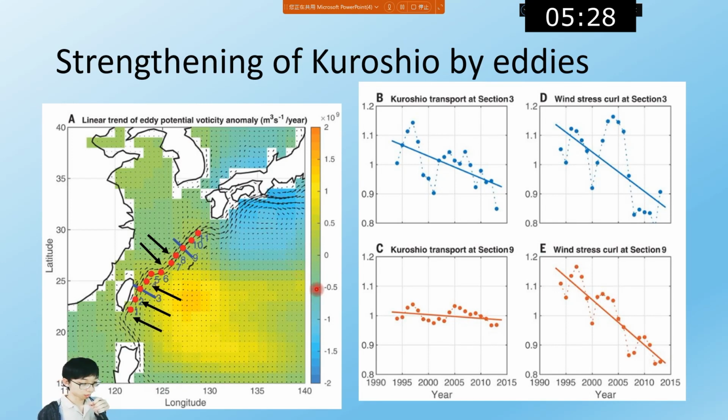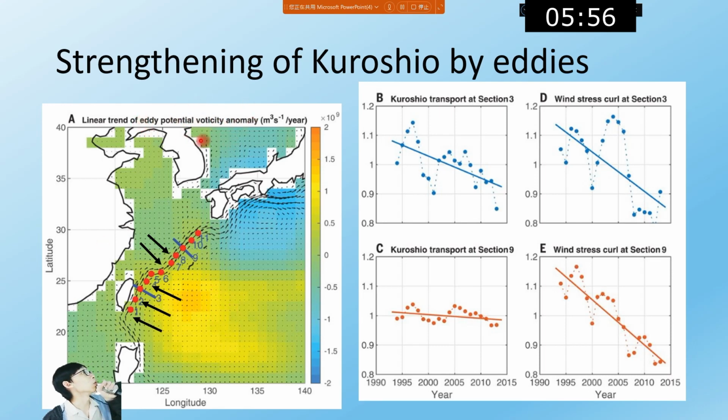Then it's back to the question: how did the AD affect Kuroshio currents? Maybe the experts think that the eddy flux of PV is the key to answer the question. Here, the region with orange shows the positive PV anomaly.